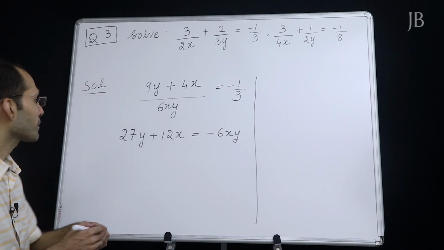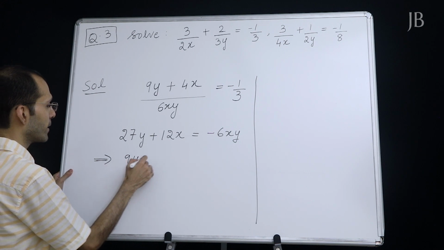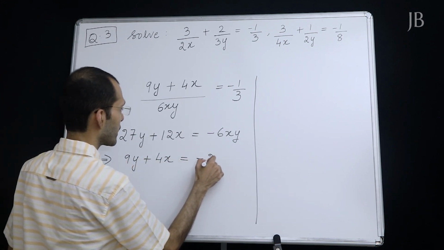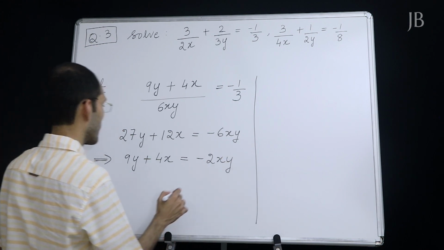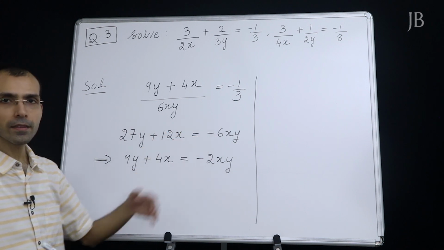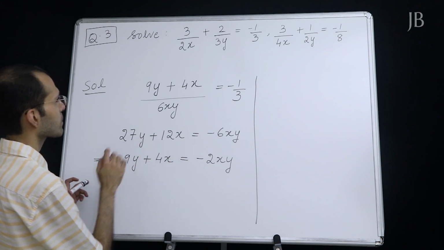Similar to the previous sum. But we will divide it. This implies 9y plus 4x is equaling minus 2xy. We have divided each and every term by 3. Okay, so this equation is now smaller.